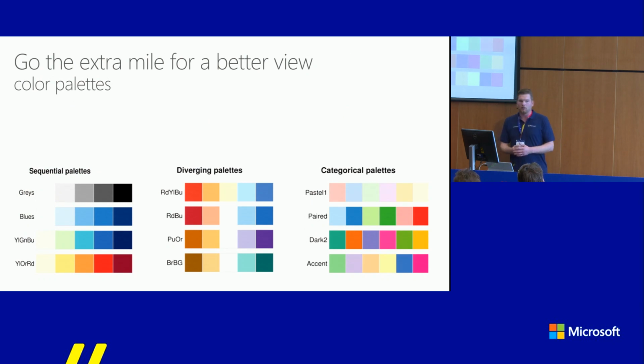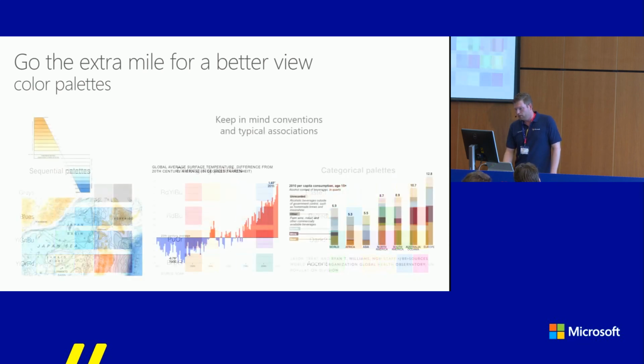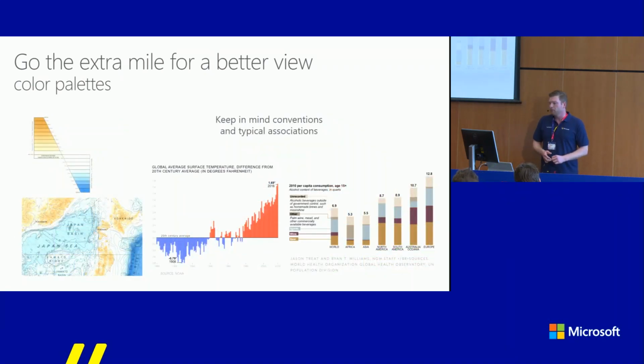Then some talk about colors. It's really important to have the right colors. If you are planning to put some sequential data on it, use different hues or tones, and choose the right categorical palettes if you want to have that. If you look at these examples, it's a really good use of colors.